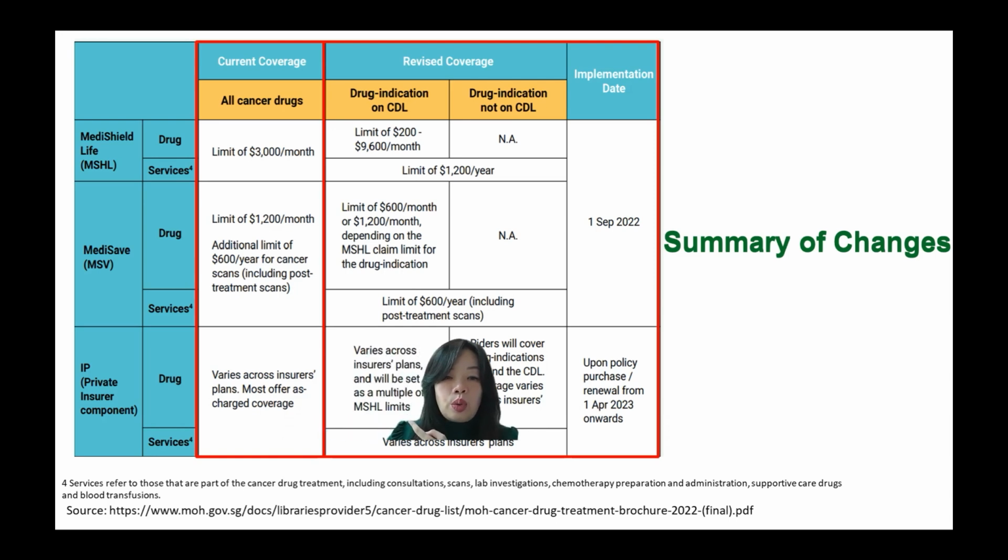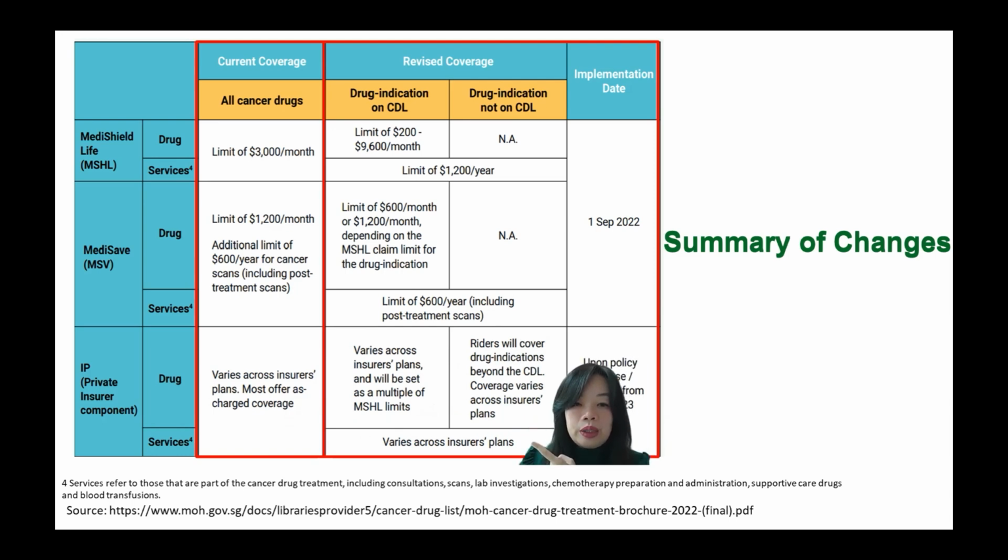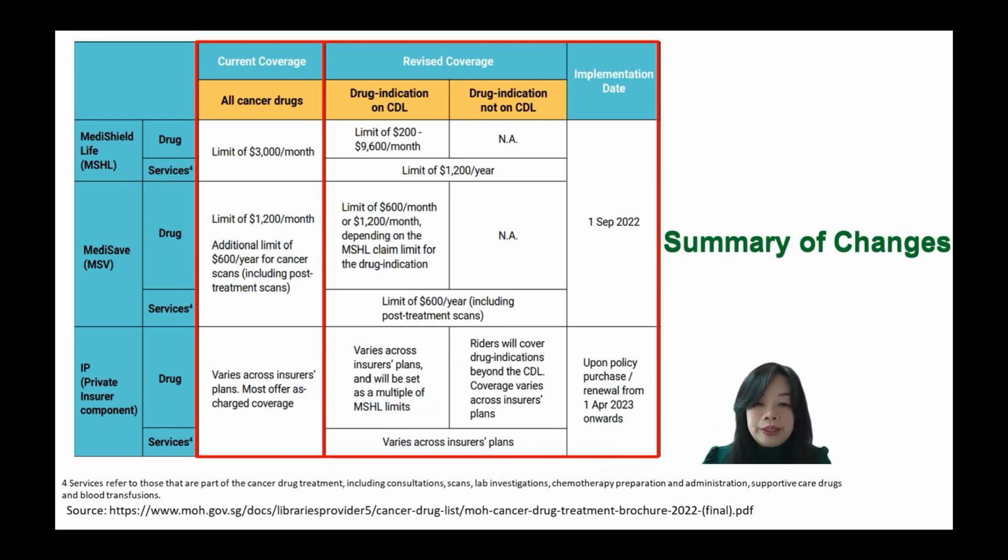Over here, you can see there is no longer such coverage; it will be X number of times the multiple of the MediShield Life limits. So it all depends on each insurance company.